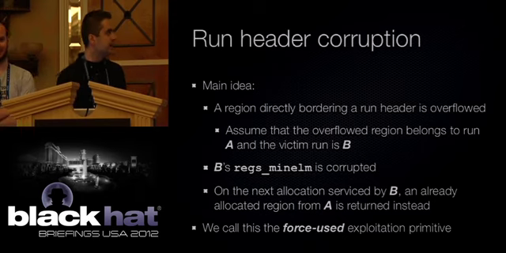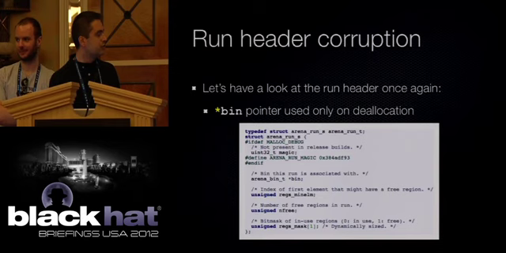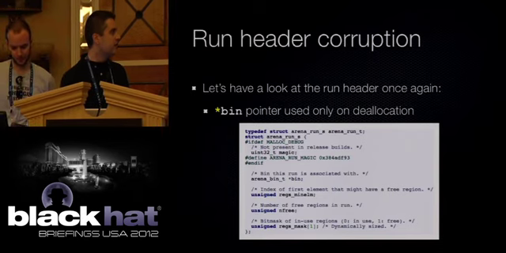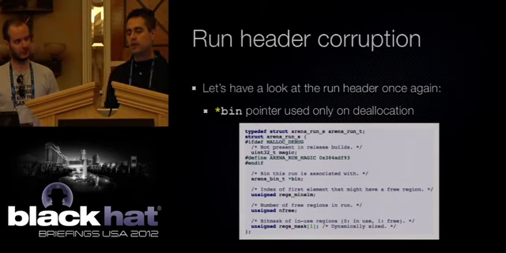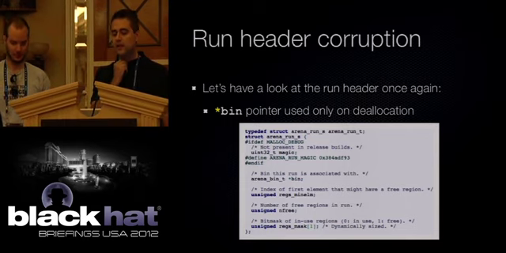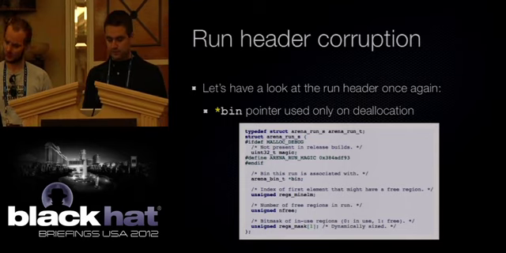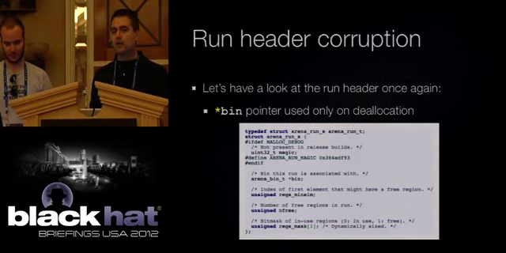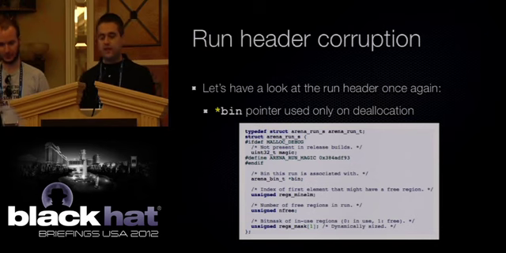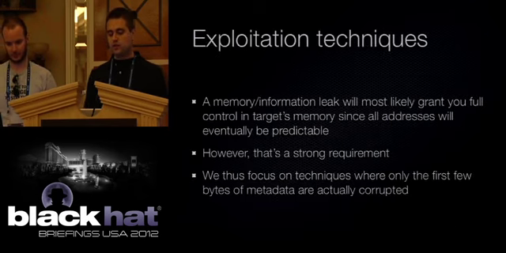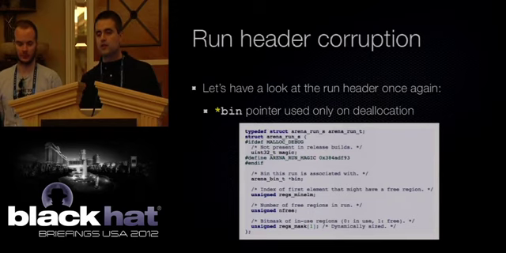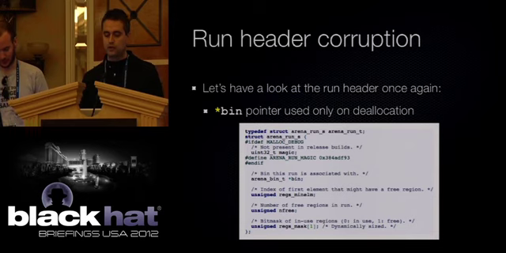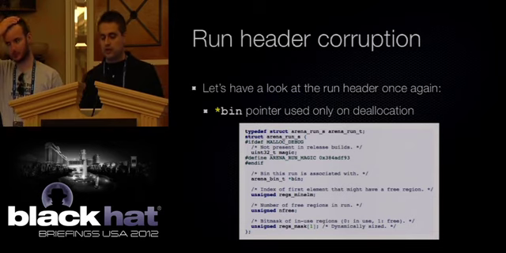Okay, so let's take a look at the run header again. So that's the run header, and our goal is to corrupt this regs_minelm element here. Of course, you may wonder why we haven't corrupted this bin pointer here. By investigating, we found out that this bin pointer is only used during allocations, and furthermore, it requires a lot of control over the target application's memory in order to manipulate it to gain code execution.